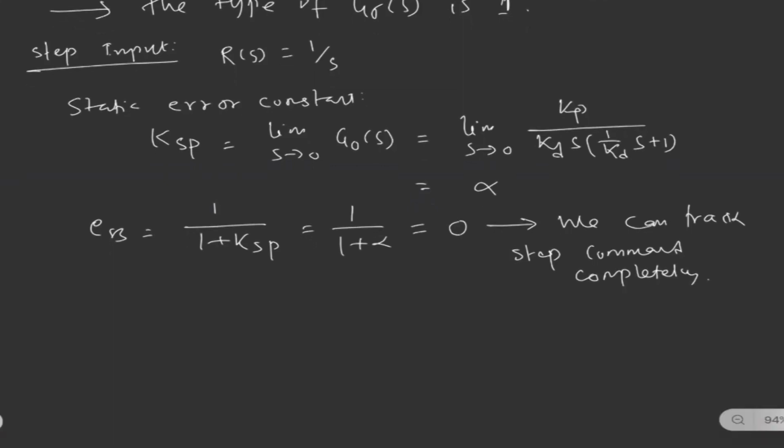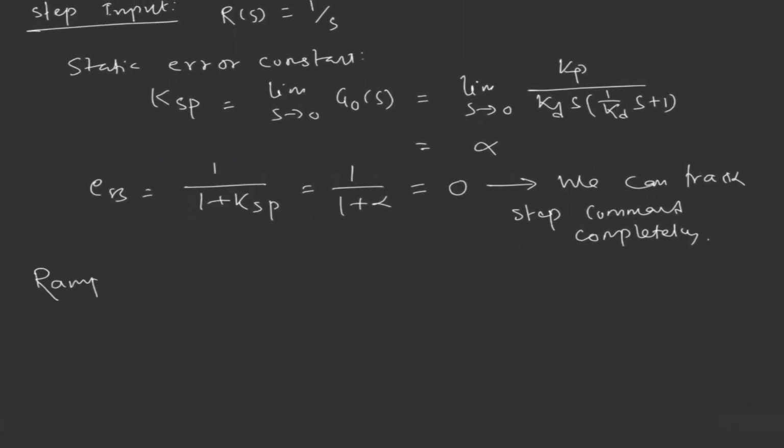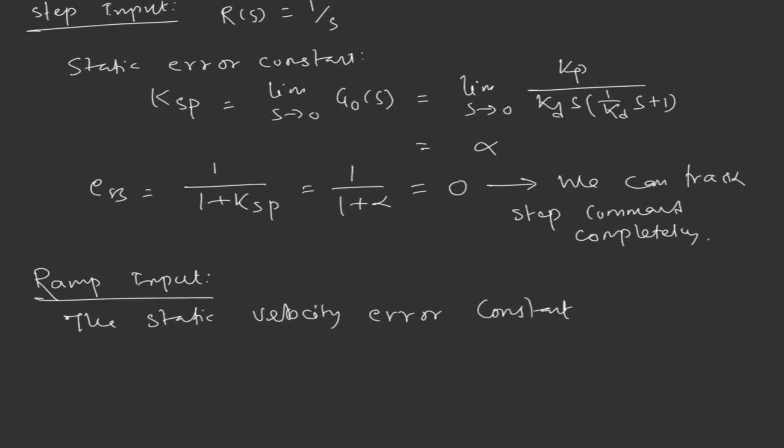Now let's look at the ramp input. For the ramp input, the static velocity error constant, we can write KSV equal to limit s tends to 0 of s times G naught of s.